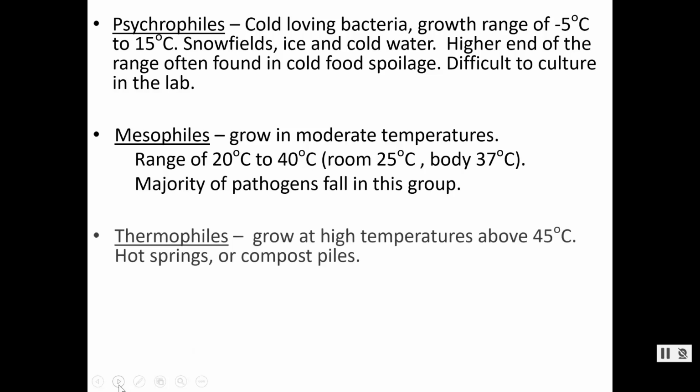And know the ranges. Thermophiles, these are our hot-loving bacteria. They grow at temperatures above 45 degrees. So these are our hot springs, bacteria that were in that Yellowstone hot springs. Also composting. Does anybody ever compost? If you reach your hands into that compost, it's warm. There are bacteria that are responsible for that degradation of the food scraps and whatever you put in your compost piles.